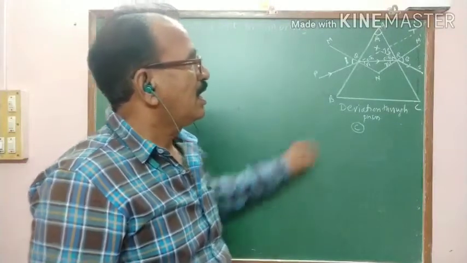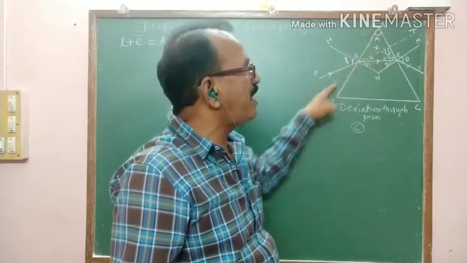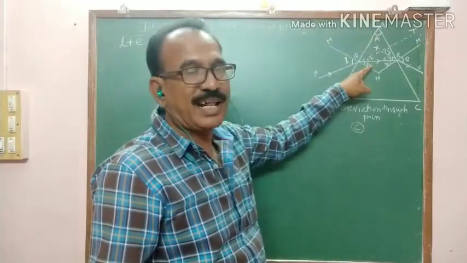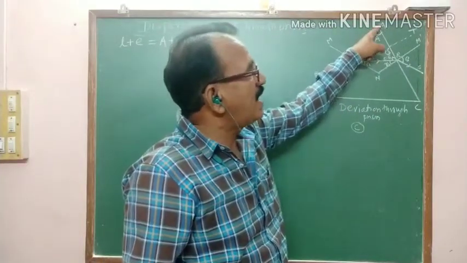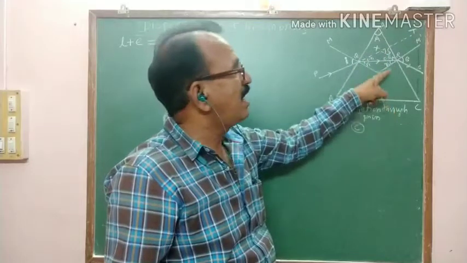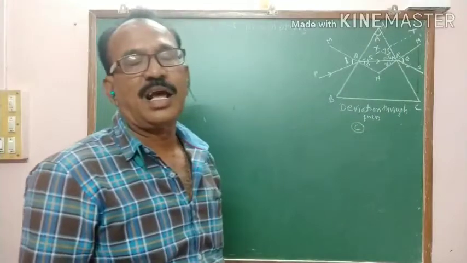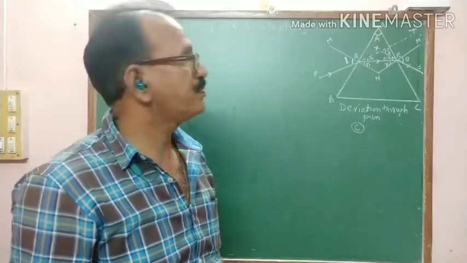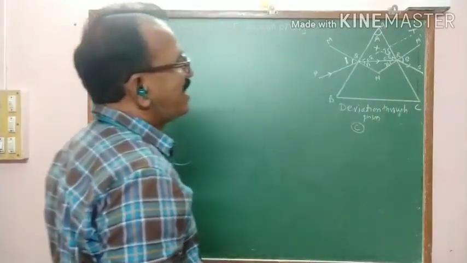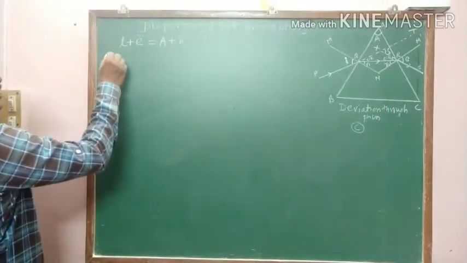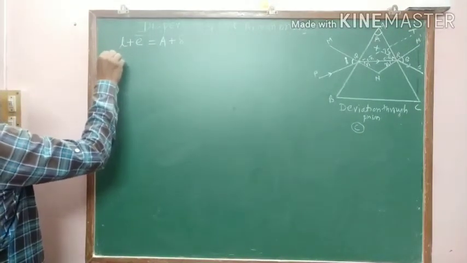The angle of refraction on the surface AB side is R1, and the angle made by the refracted ray on the side AC is called the angle of refraction R2. Now, if this is R1, what is that R1? Angle NQR. You see here, angle PAM.